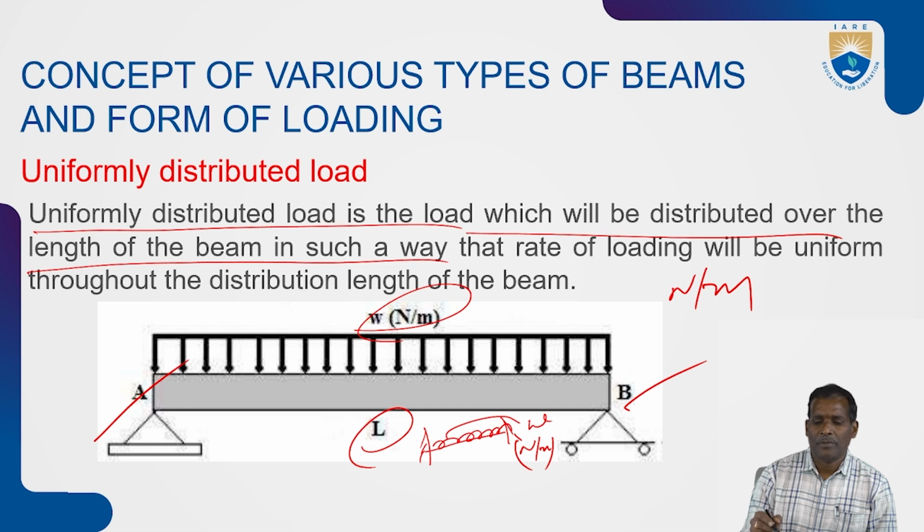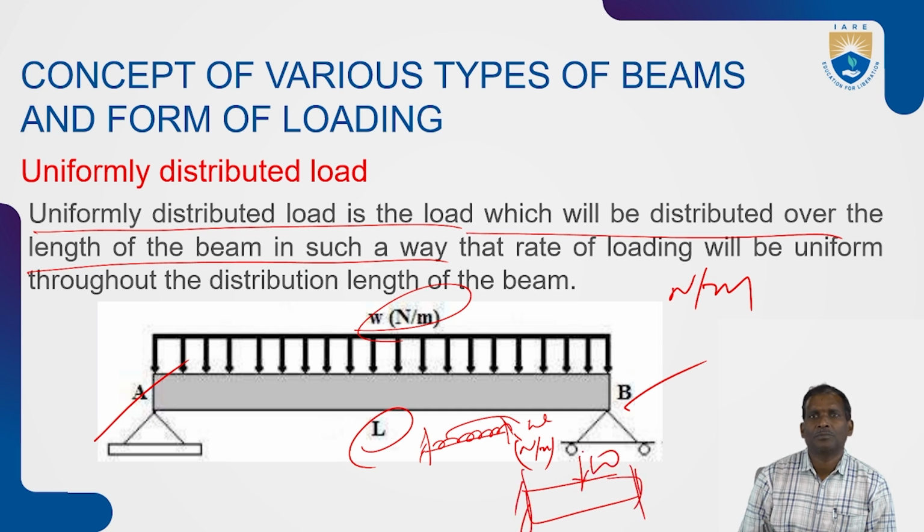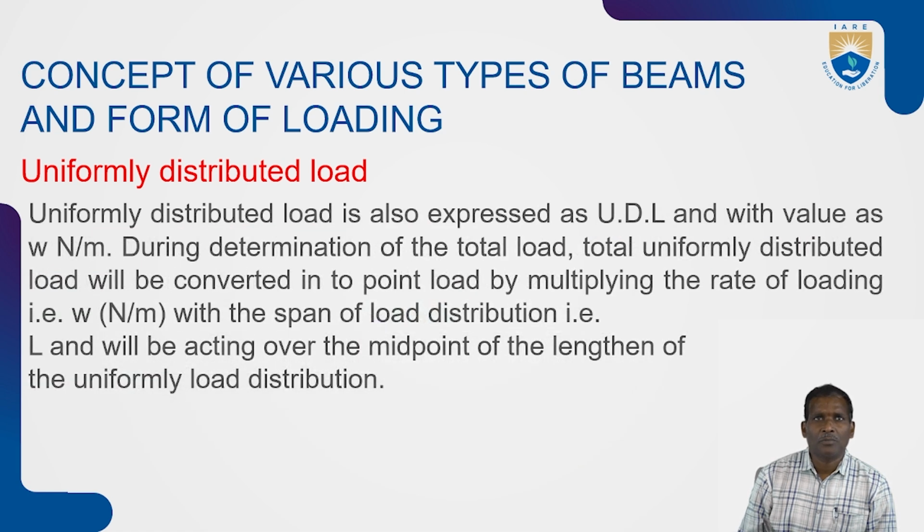In the previous case, the load is acting at a point, that is W. Next, uniformly distributed load is also expressed as UDL, with value W Newton per meter.